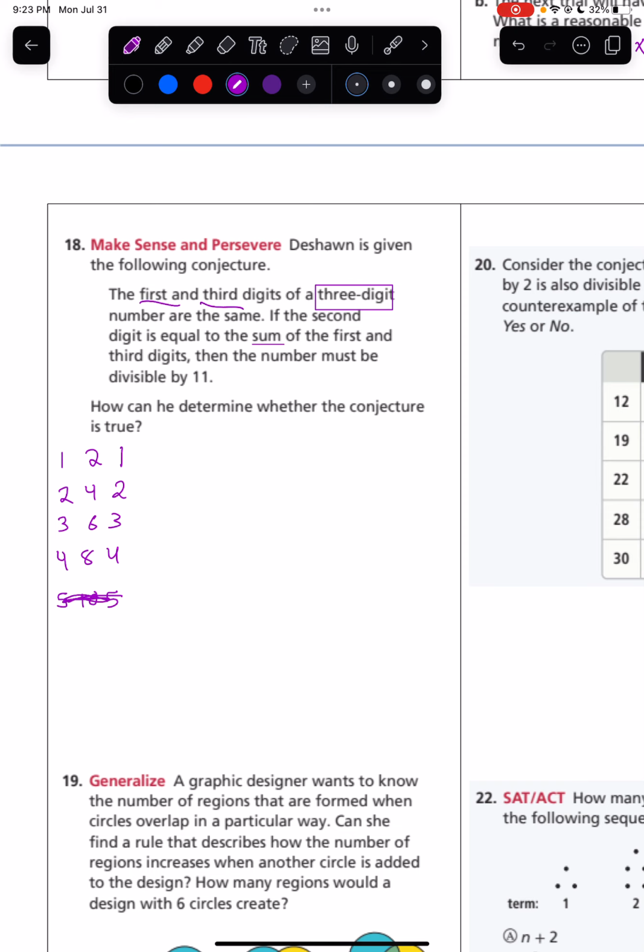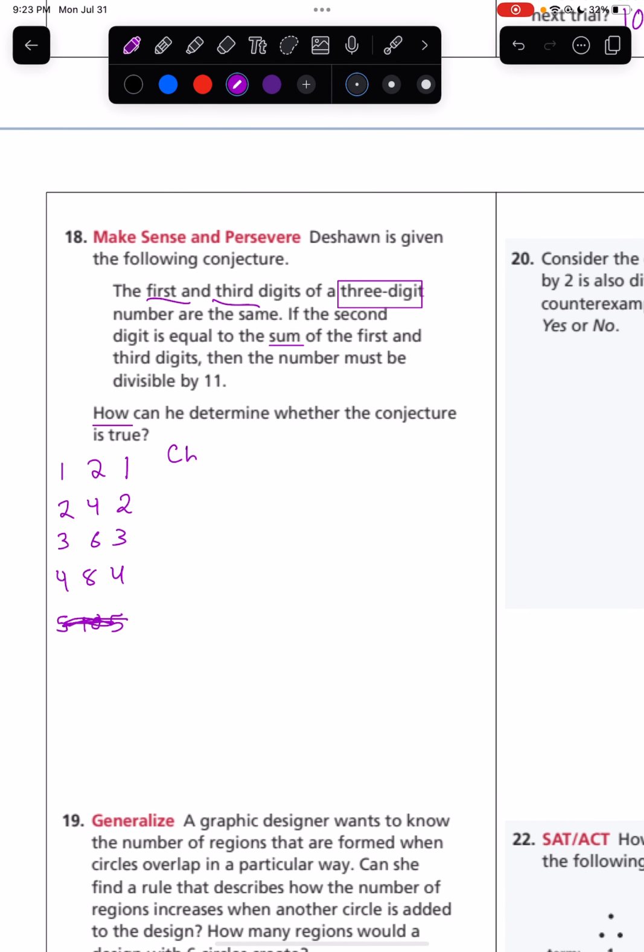So when it says how can he determine whether the conjecture is true, he just needs to take these 4 numbers and divide them by 11 to see whether the number must be divisible by 11. So check to see if they're divisible by 11, right?